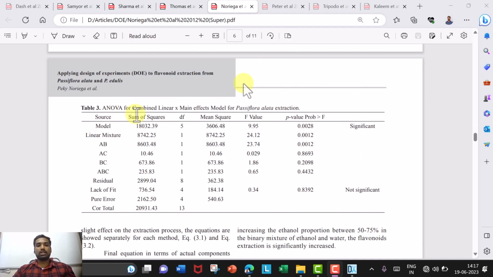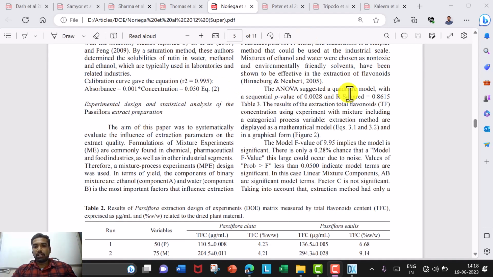As usual, this is the ANOVA table. This is the model, and which factors are interacting with the response variables and which conditions are more effective on the response variables. Here they mentioned F value, P value, whether the model is significant or not, and lack of fit value is not significant, pure error. He reported the ANOVA suggestion.